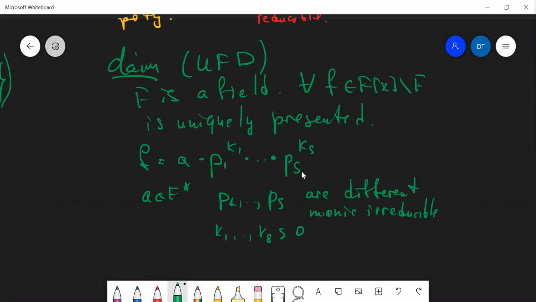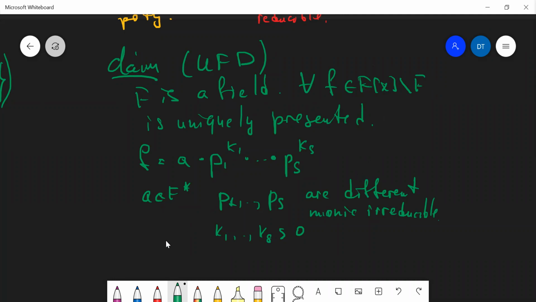And then p1, ..., ps are just prime numbers, and k1, ..., ks are just the powers of the prime numbers. And here, in the case of polynomials, we have a lot of invertible polynomials which are non-zero constants, so we have more options here. But we have exactly the same situation as with integers. So this is the UFD property for the ring of polynomials with coefficients in a field and in one variable.